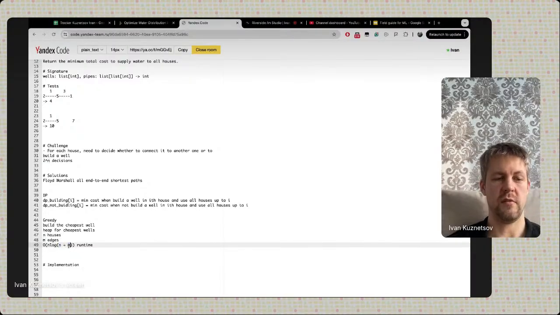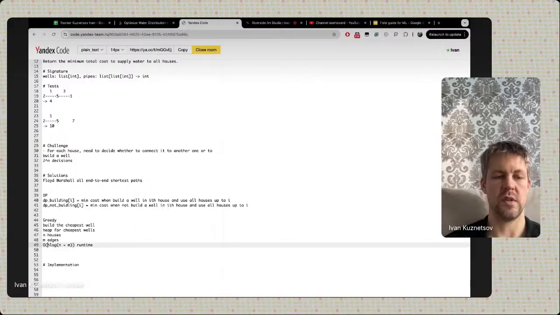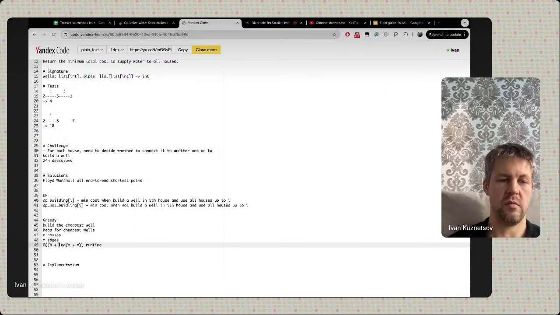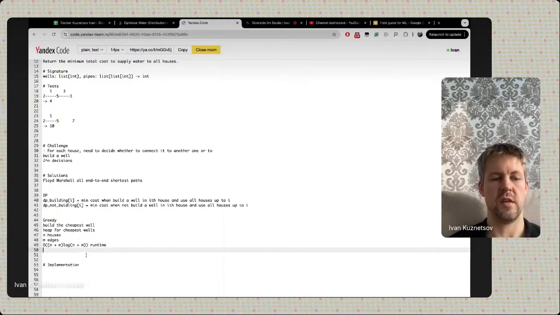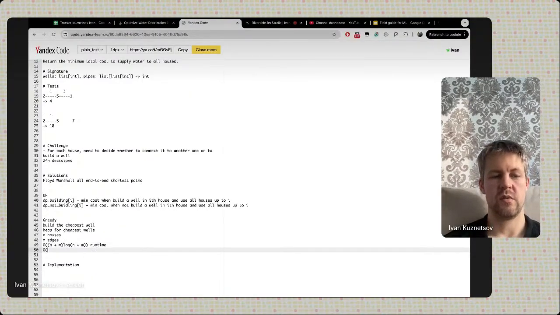What if we have some node that is unconnected and that is longer than all the other possible combination of nodes? So we will be iterating over this whole frontier that can grow to a size of n plus m. So we have n plus m multiplied by log of n plus m runtime, and space will also be n plus m.